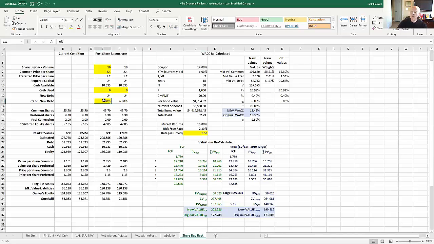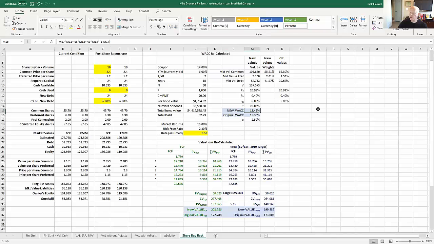And if we have the same current yield on the debt that we had before the share repurchase, and if we have the same beta we had before the share repurchase, then it's going to result in going through this funnel, which I'll go through in a moment, but it's going to result in a new WACC of 13.49 as opposed to the 15.35% that we had originally.